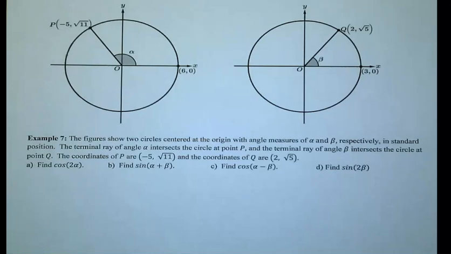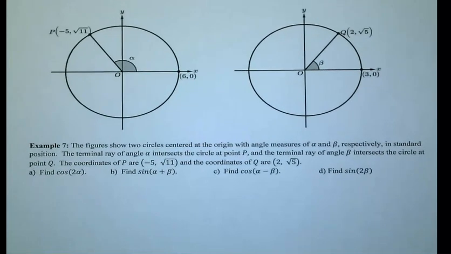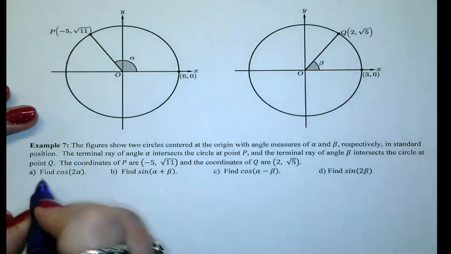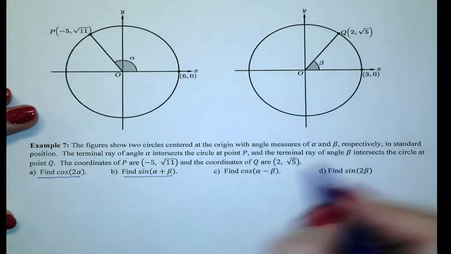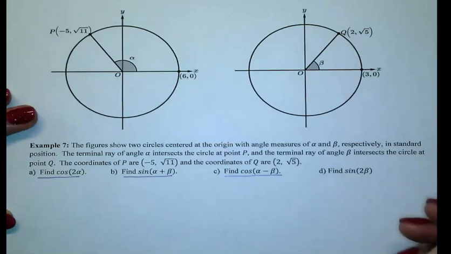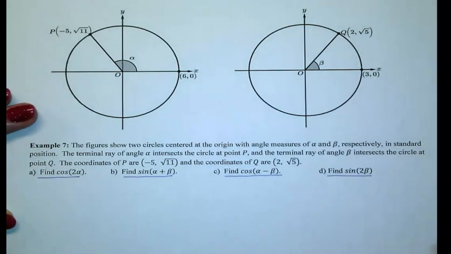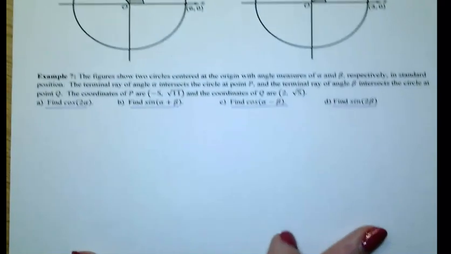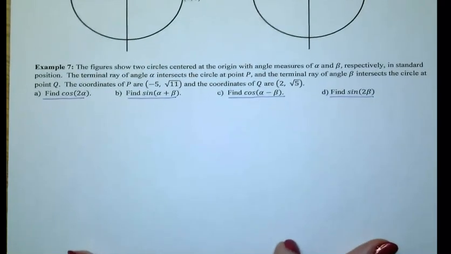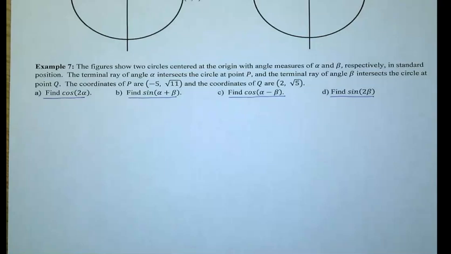So what I want you to do is to use the 2 coordinates on the circles, the proper angle, and then I want you to find cosine of 2 alpha, sine of alpha plus beta, cosine of alpha minus beta, and sine of 2 beta. So you're using all of your identities here to answer these 4 questions. So go ahead and pause your video and work through A, B, C, and D.